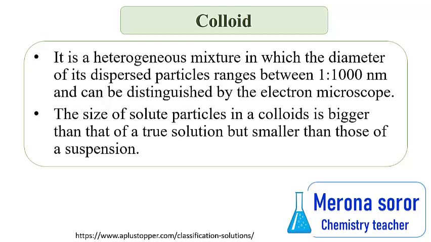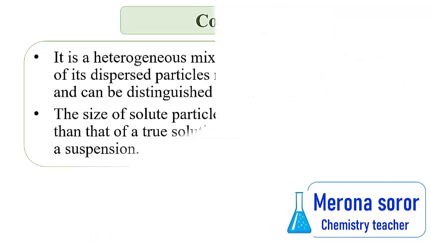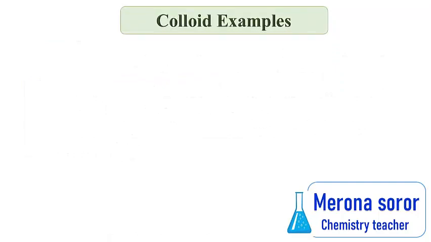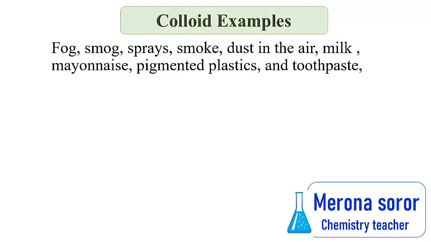The size of solute particles in a colloid is bigger than that of a true solution, but smaller than that of a suspension. Colloid examples: fog, smoke, sprays, dust in the air, milk, mayonnaise, pigment plastic, and toothpaste.